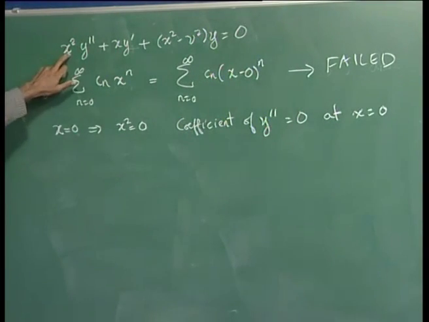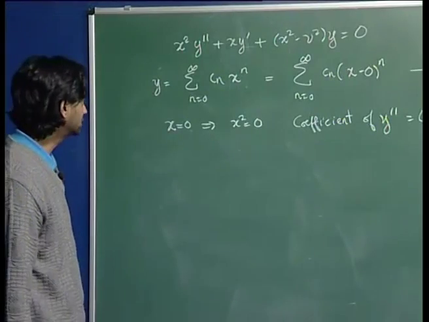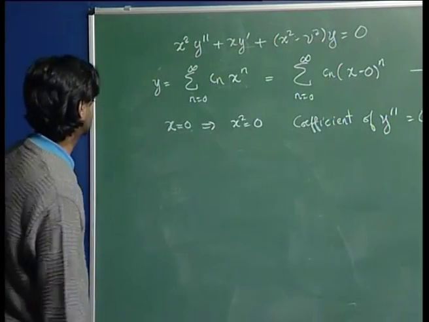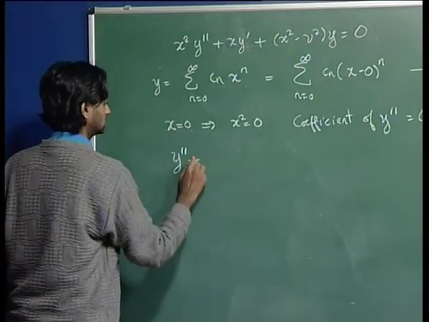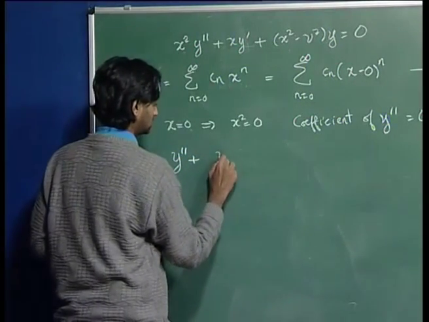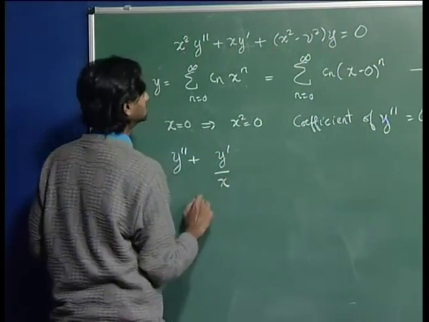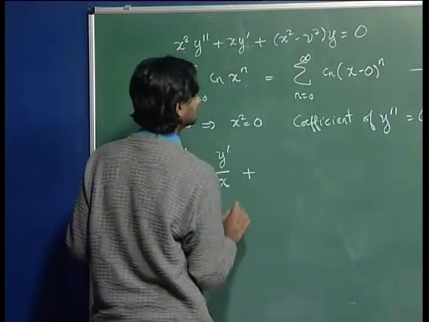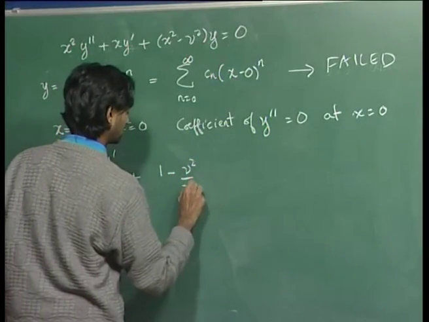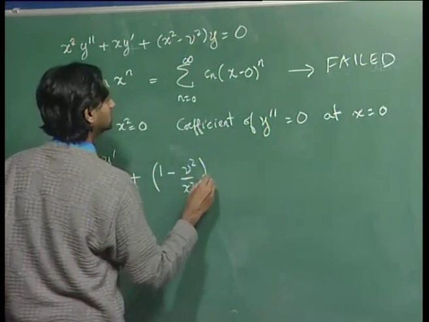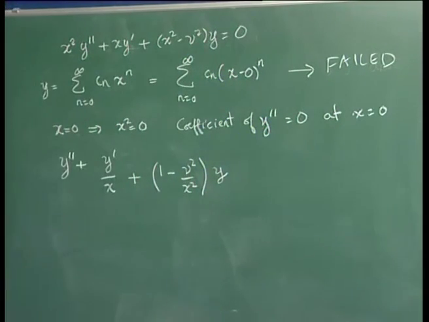Now we have to find out whether this is a regular singular point or not. So what we do is we divide the equation by x squared: y double prime plus y prime by x plus (1 minus mu squared by x squared) y equal to 0.